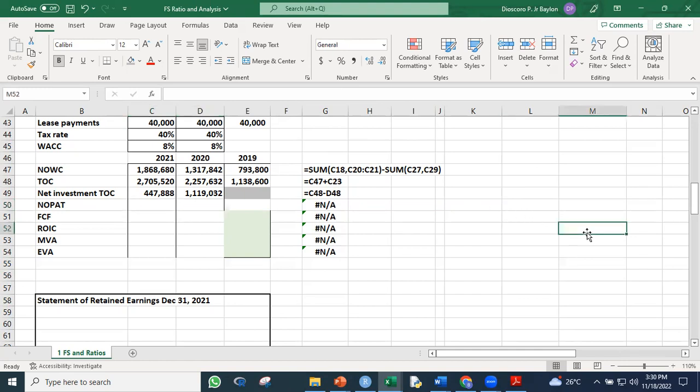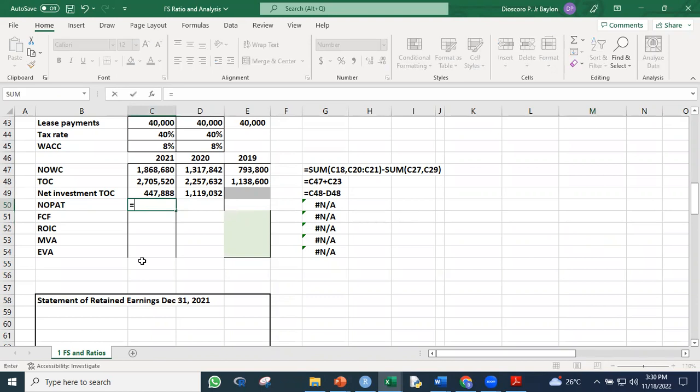And we have a formula for that, no shortcut. None? Okay, what's taking everyone so long? Okay, di ba, ano ba yung formula ng NOPAT?